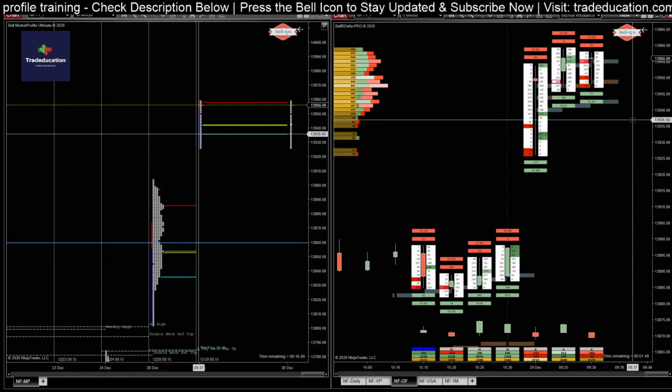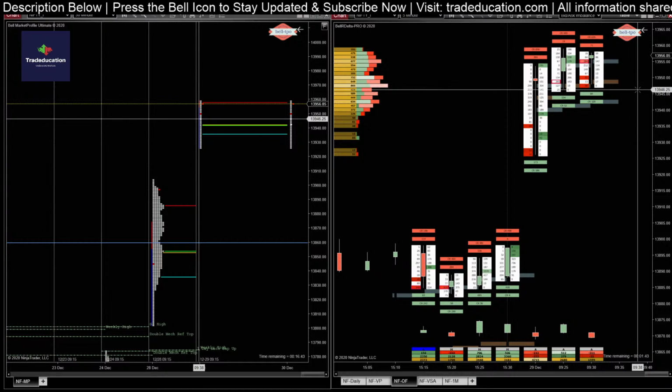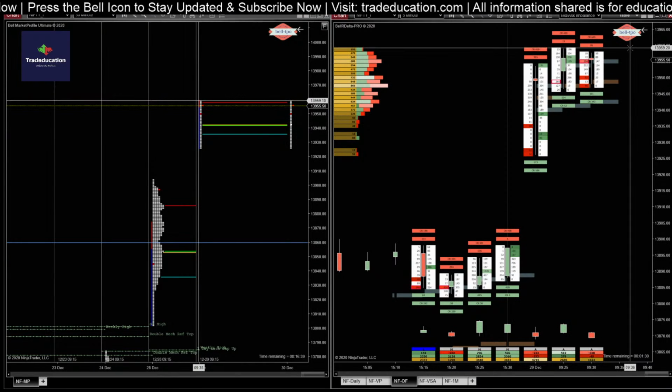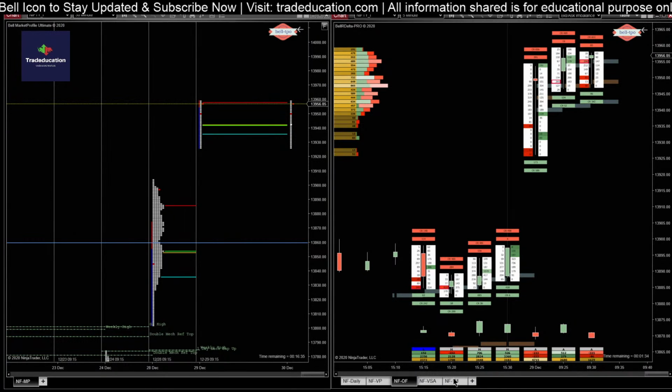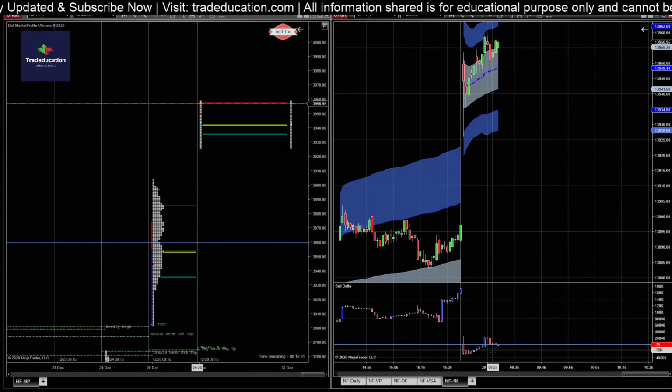The tempo is slowing down. The high is weaker. So odds are higher that we will be tagging this high. Now the delta has turned negative.